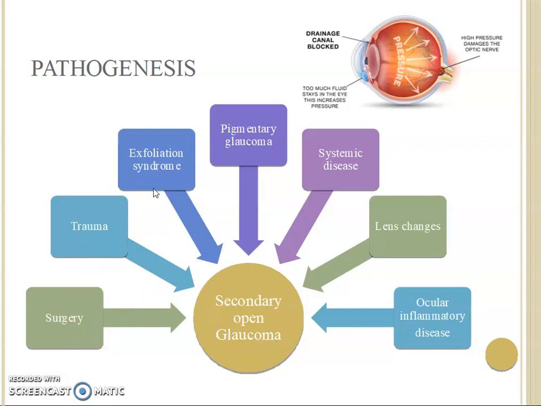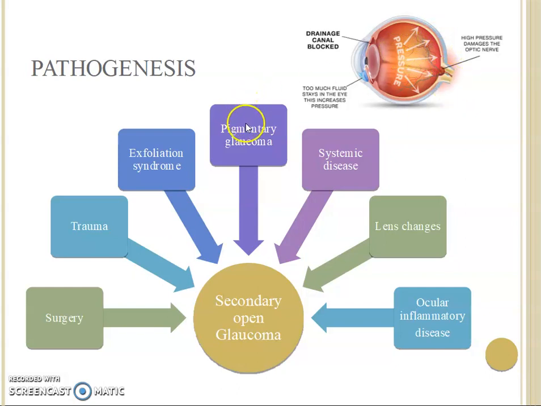Exfoliation syndrome is also called pseudo exfoliation, the condition in which there is abnormal accumulation of proteins in the drainage system or other structures of the eye. Due to that, the drainage system gets blocked and the produced aqueous humor cannot be drained out properly, so there is increased pressure in this network which exerts pressure on the posterior part, and again optic nerve damage is there.